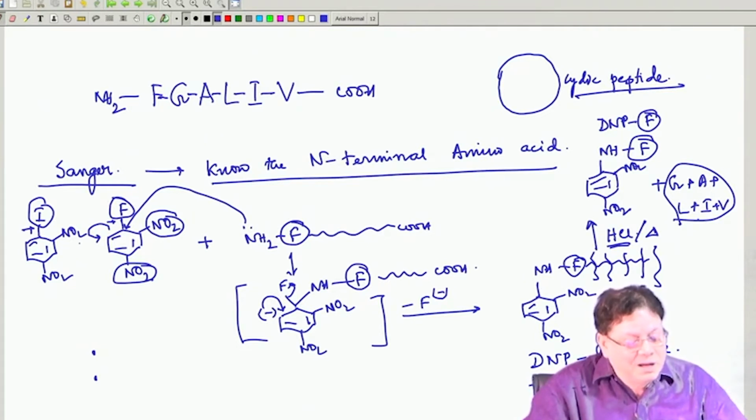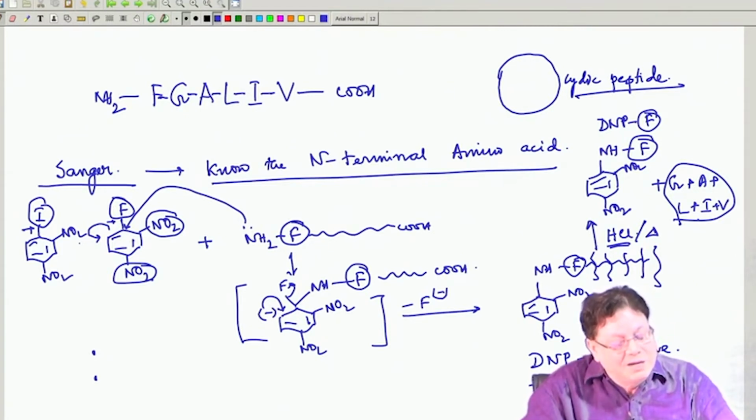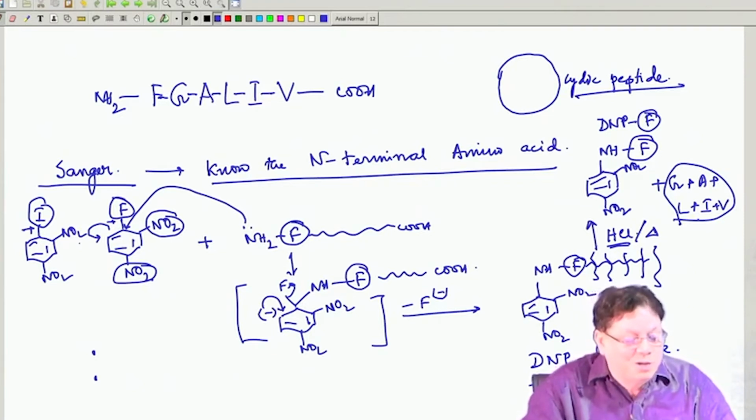The answer, which organic chemists must know, is that for this reaction there are two steps. One is first attack by the nucleophile and the second is regeneration of the aromaticity. And between these two, the first step is the rate determining step and not the second one, where the C-F bond is broken. So, it does not matter whether it is F or I, the second step is not the rate determining step. So, bond energy does not play any role.